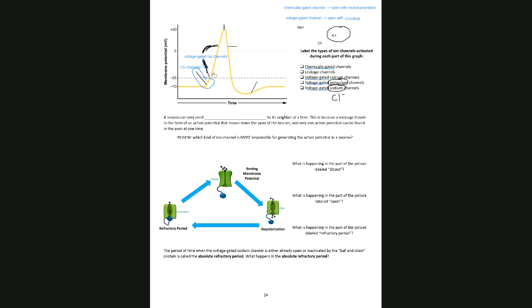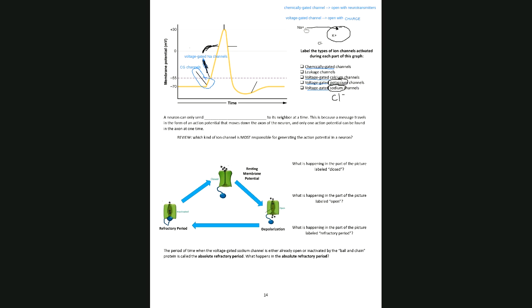My voltage-gated sodium channels, when I open them up, are going to go from the place where there's a high concentration, which is outside the cell, to the place where there's a low concentration, which is inside the cell. So when I open up a channel for sodium, sodium rushes inside my cell. And remember that sodium has a positive charge.